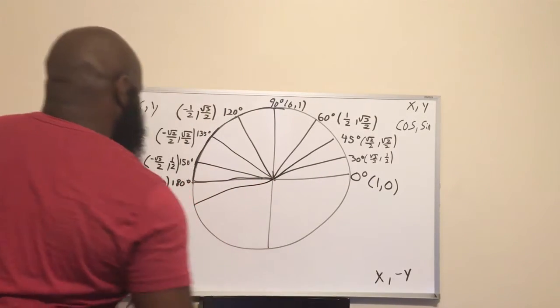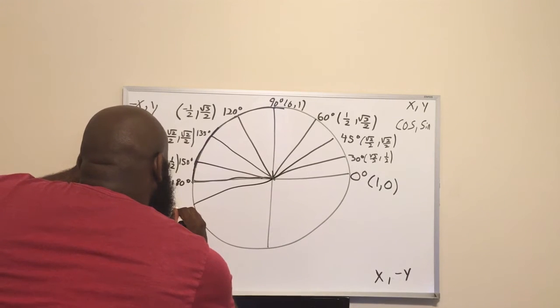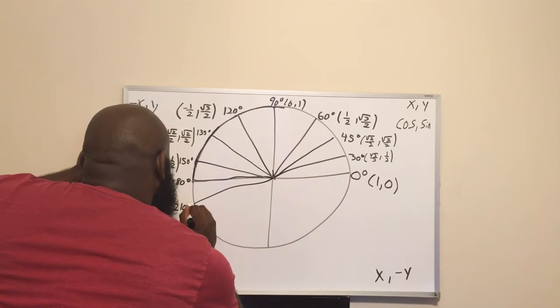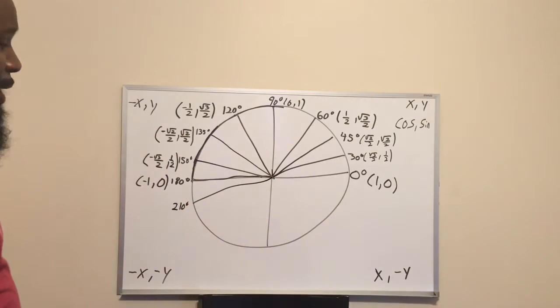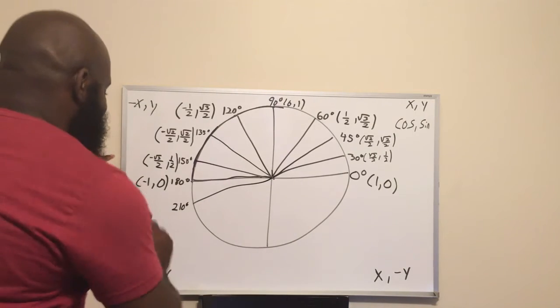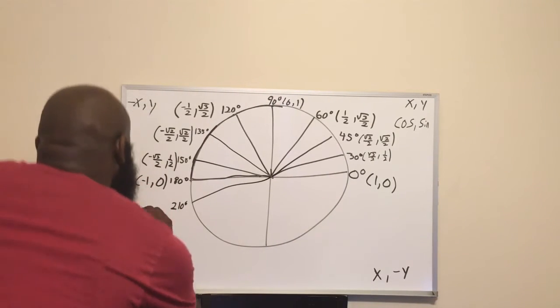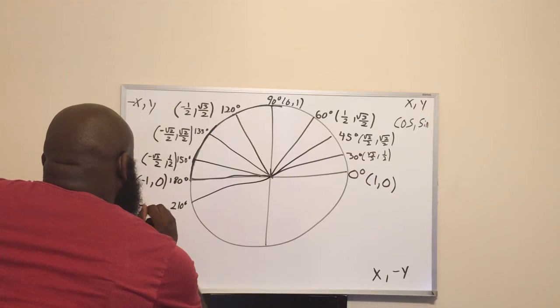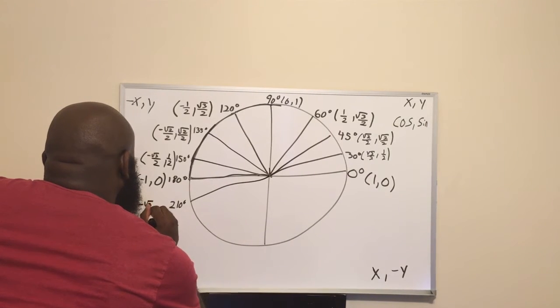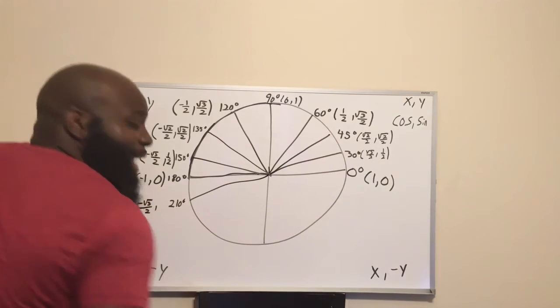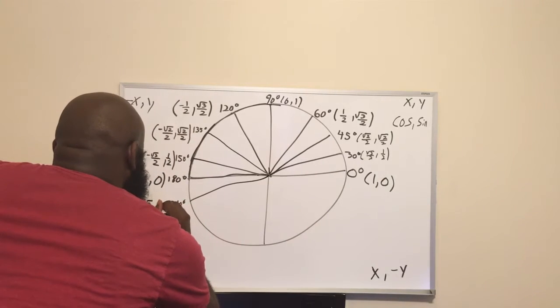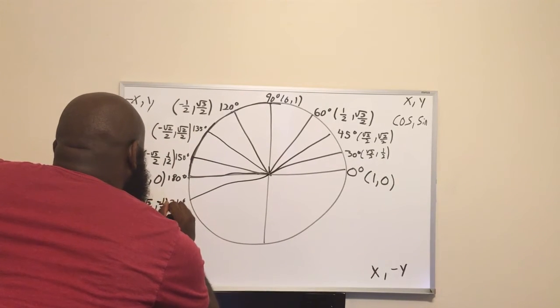Your first point in the third quadrant is 210 degrees. At 210 degrees, your cosine is -√3/2, and your sine is -1/2.